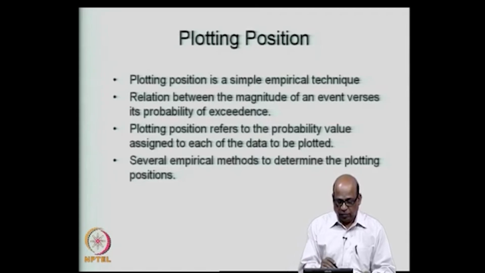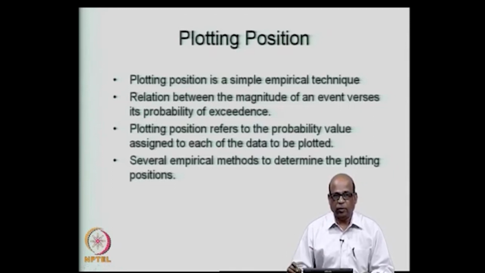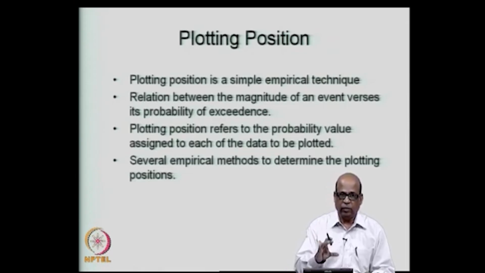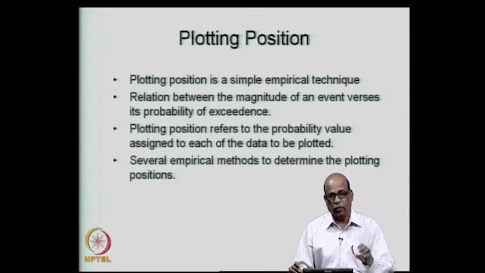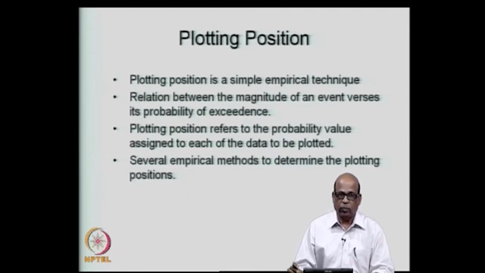And we say the plotting position actually refers to that particular probability value, although it is not exactly a probability, it just refers to that particular probability value assigned to each of the data to be plotted, which means you have in the sample several data points. We provide a probability plotting position for each data point and then say that this plotting position in fact refers to the probability of exceedance of that particular value.